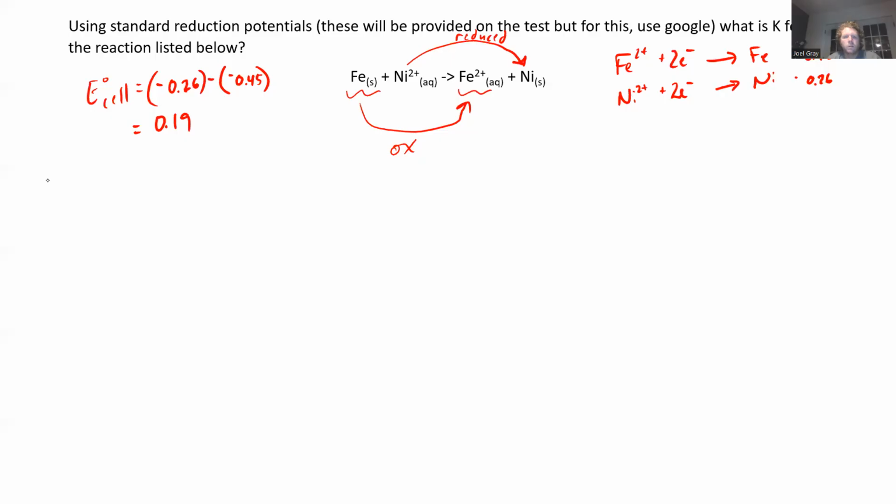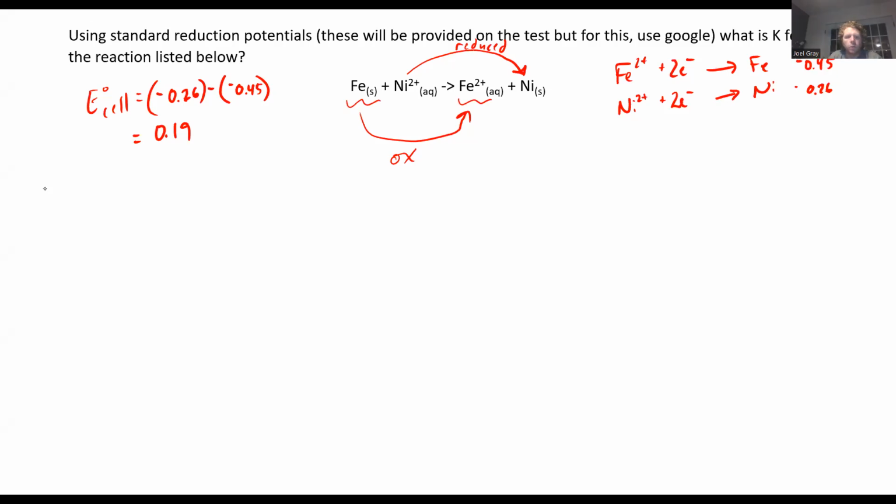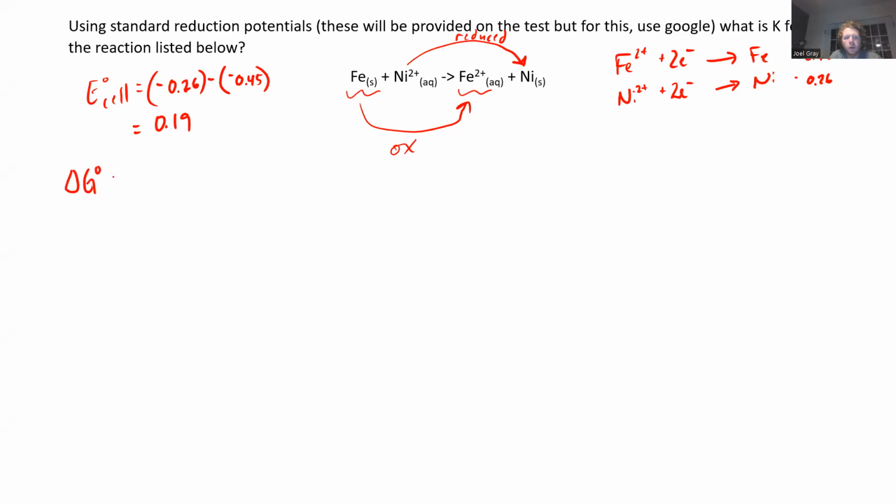We can go ahead and look at our equations and say, well, we know that delta G naught equals negative nFE naught.